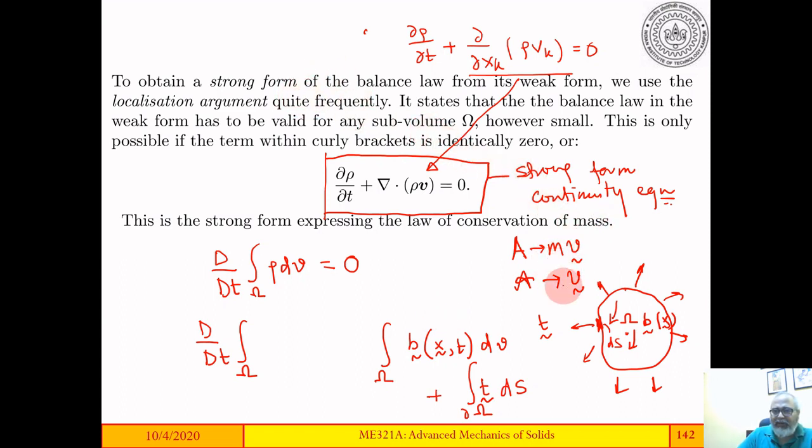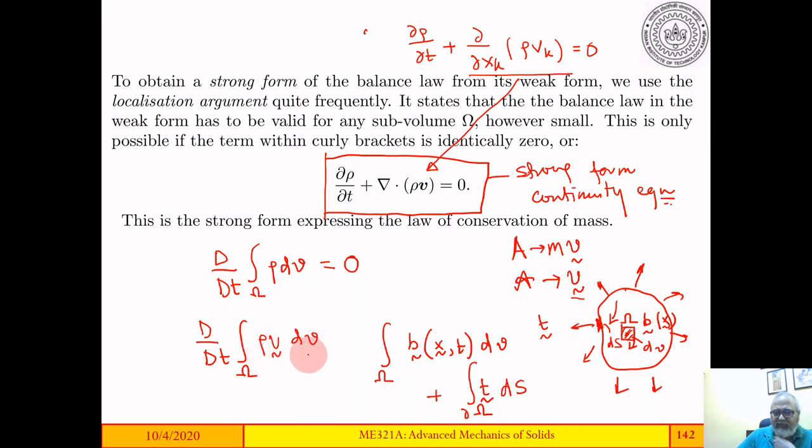Now, specific momentum, as we were discussing in the last lecture, is V. So the total momentum is V times the mass of the small element dV. Its volume is dV, so the mass of that is rho times dV.